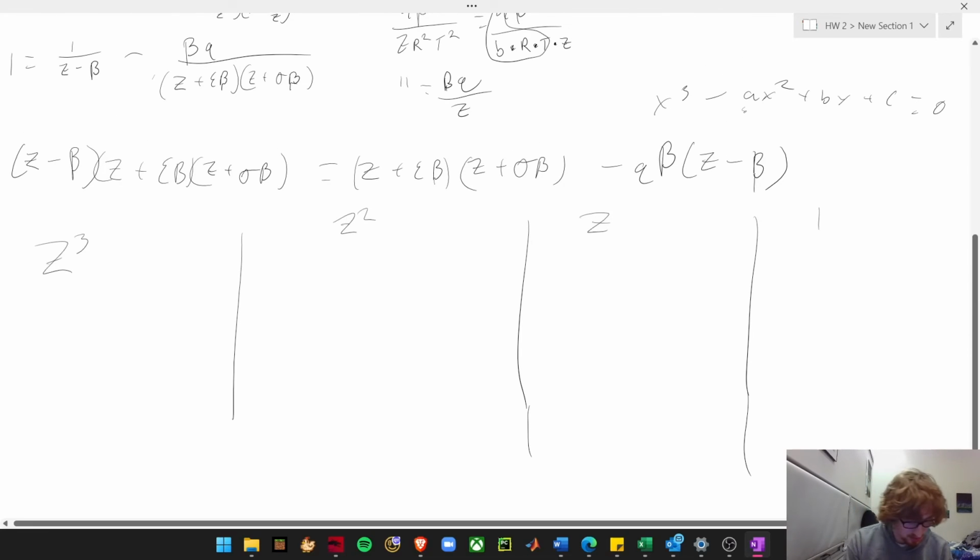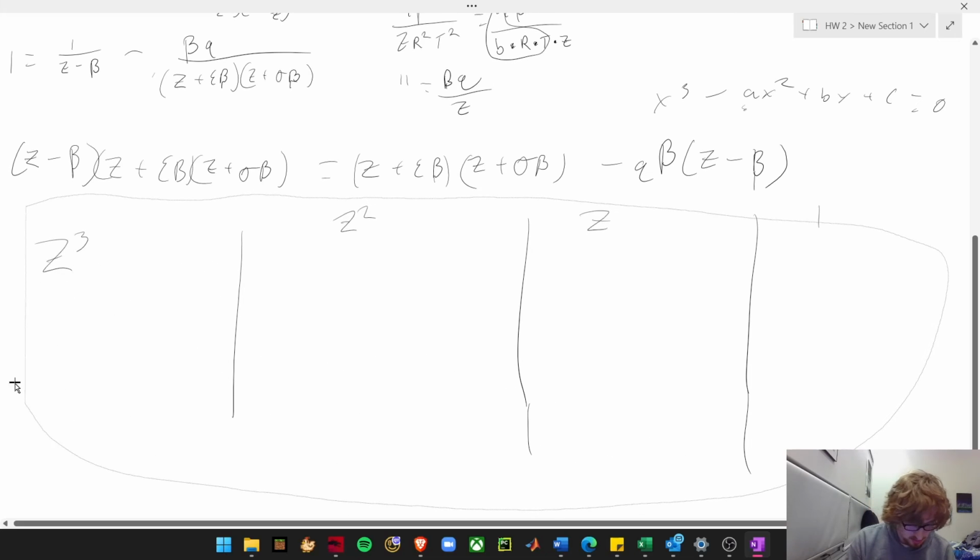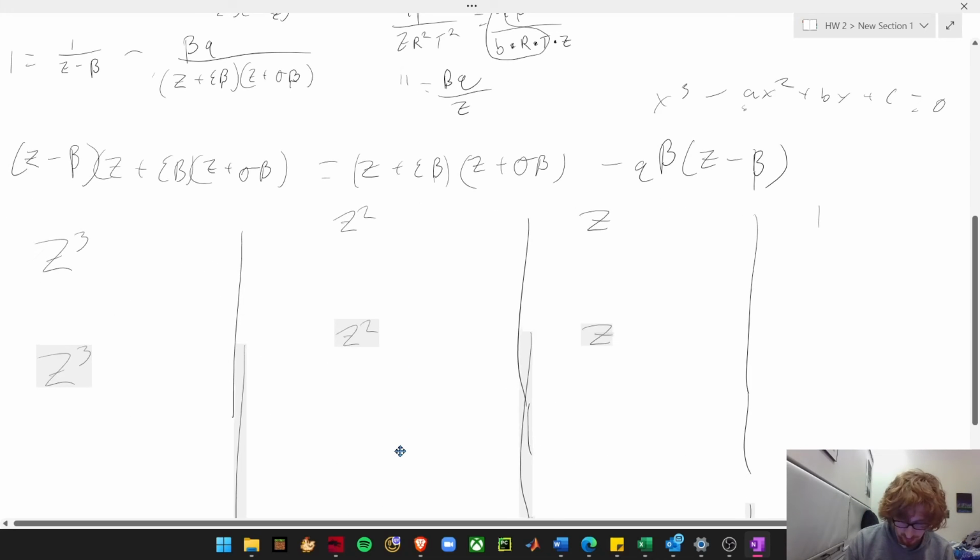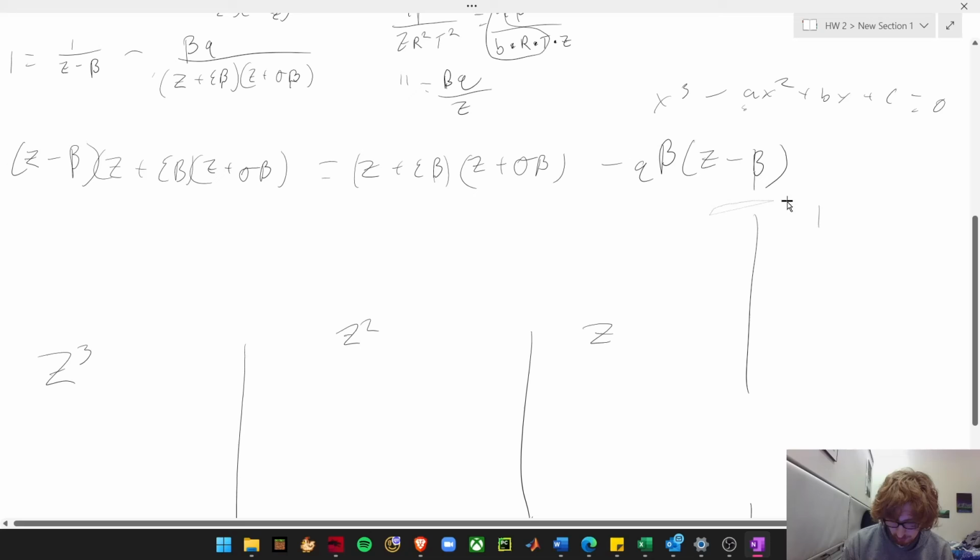And actually, you know what? I'm going to split up this left side a little more. We'll move all of this down. We'll move our equals sign and the line down with it. All right, and then let's take a look at our left side here. We're going to multiply these two terms together.